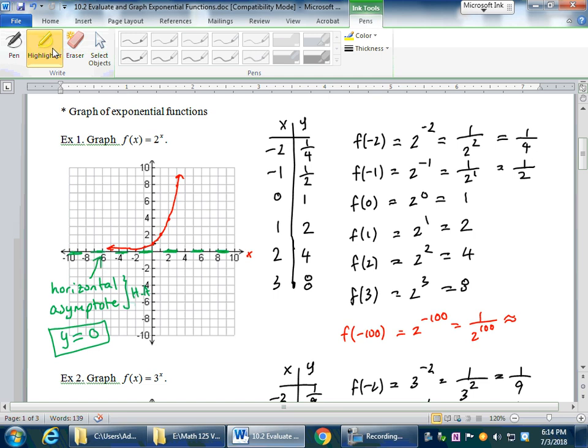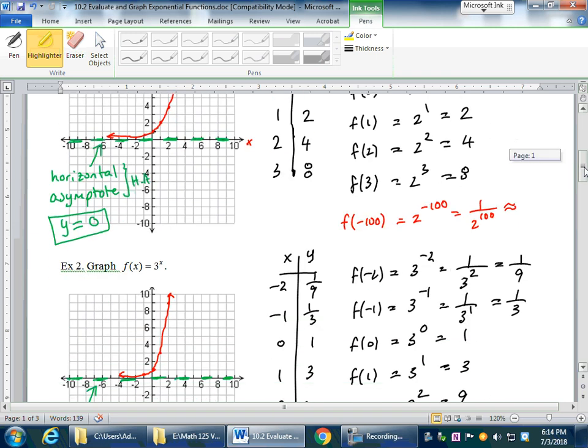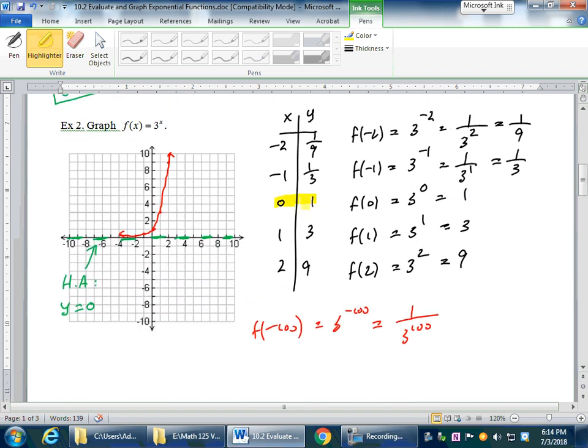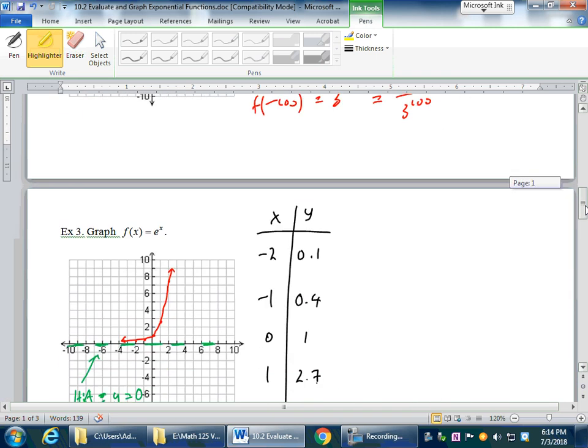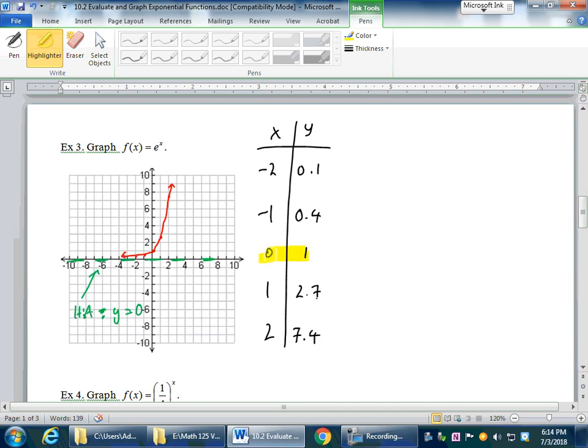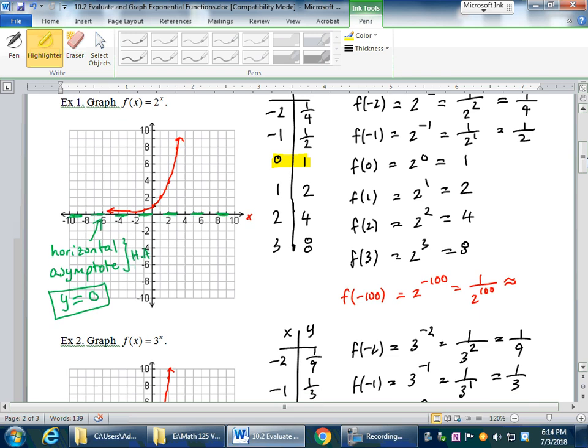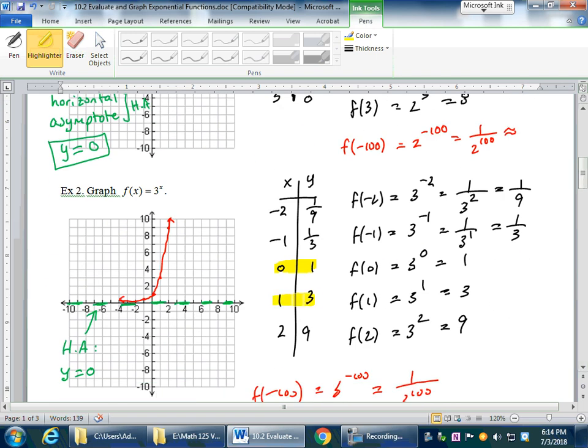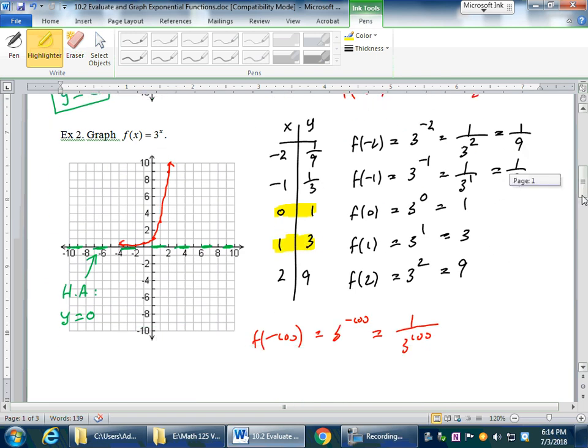Now that we know the shape already, notice that for any base, when x is 0, my y will be 1. And when x is 1, the value will be the same as the base because base to the 1 power is just that base value.